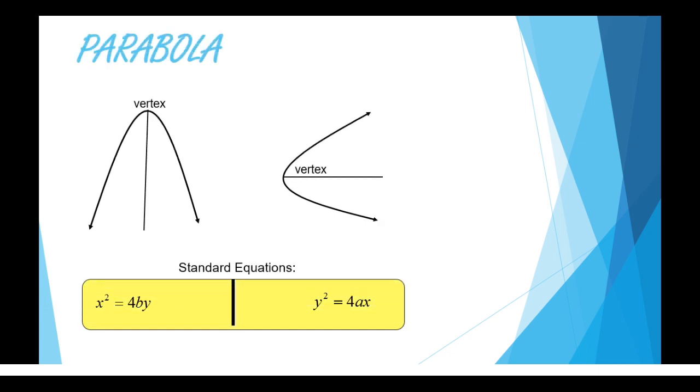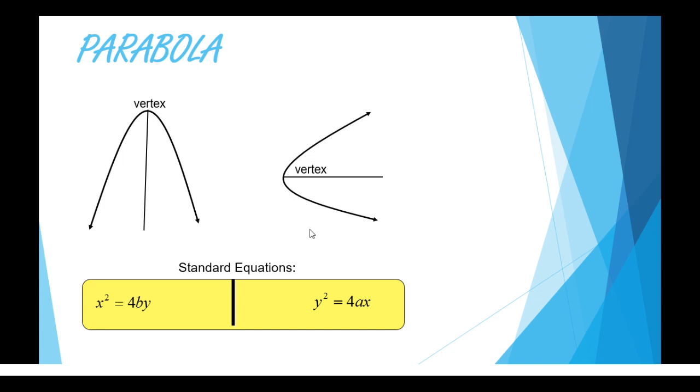next is nothing but a parabola. The standard equations are x square equals 4by and y square equals 4ax. Y square equals 4ax is this, this is the graph which we get, and x square equals 4by is this.